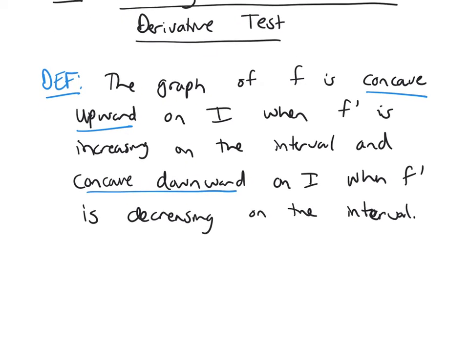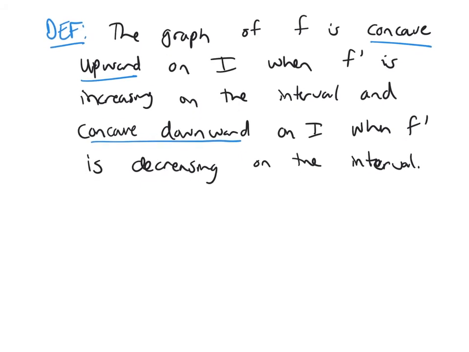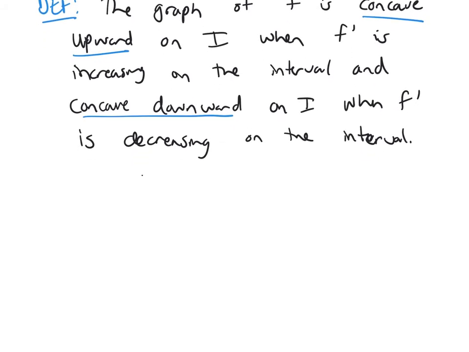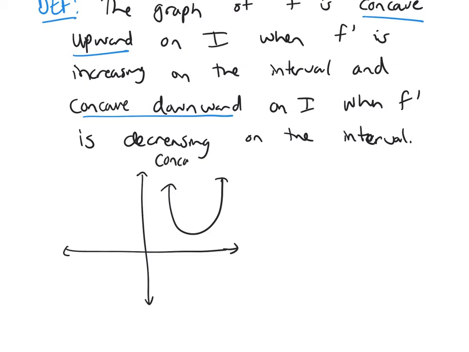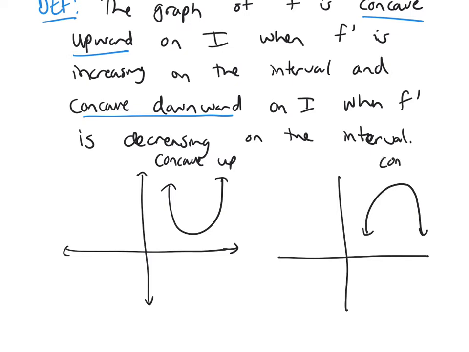So again, I want to help you visualize what's going on here. Let's look at a graph that's concave up. So here it's concave up. And then over here, I'll give you a picture of a graph that's concave down.